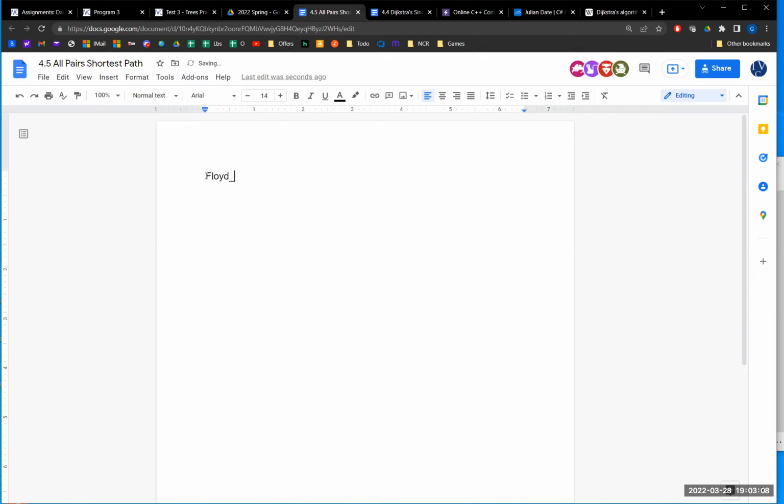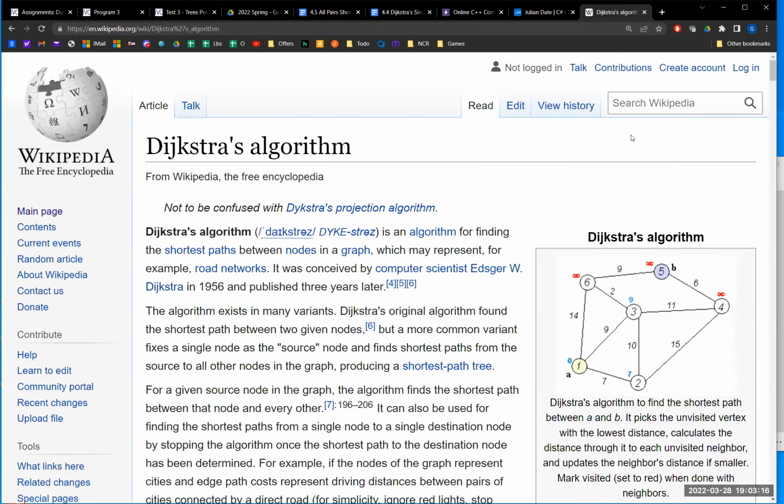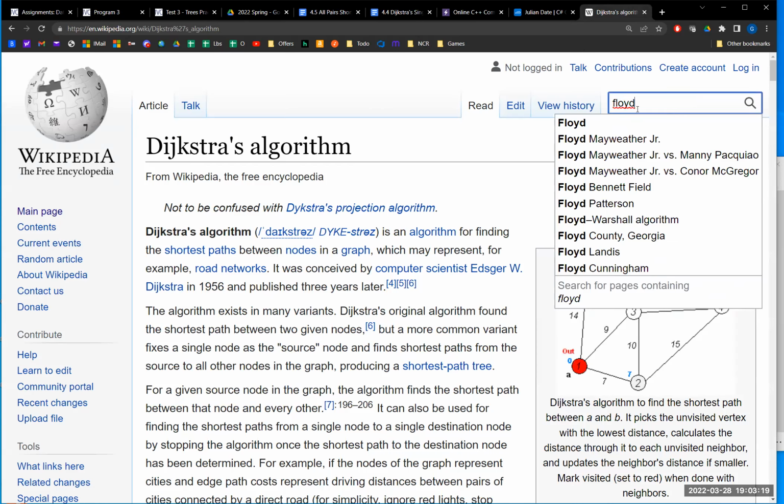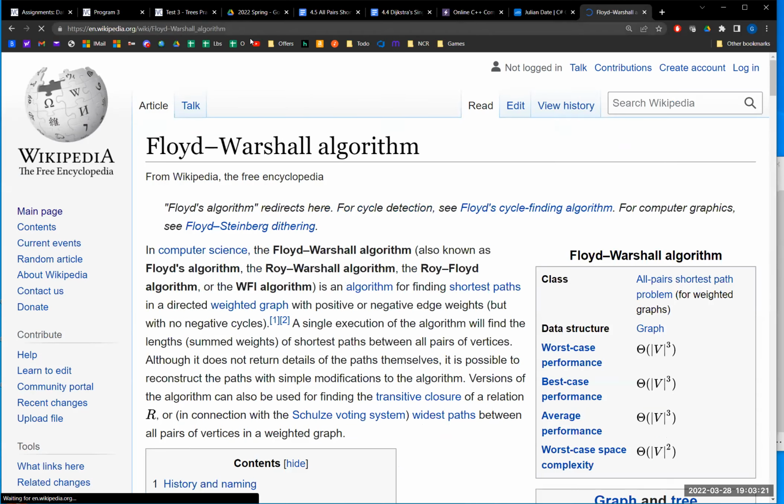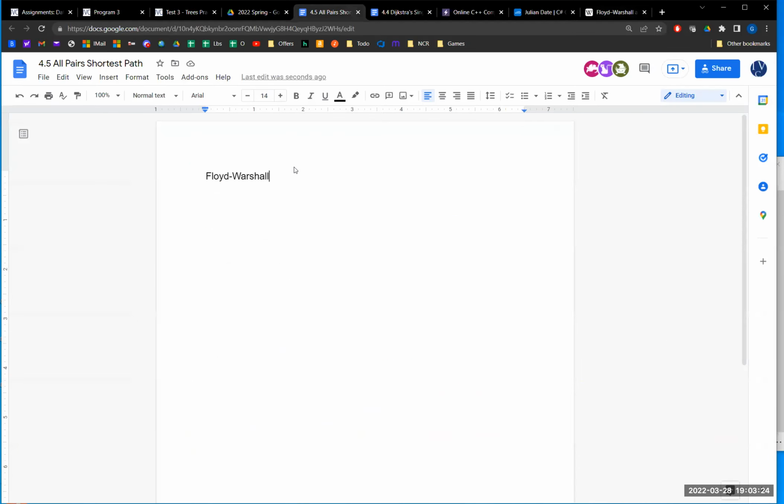Floyd Warshall. All right, so this algorithm will find the cost to get from any vertex to any other vertex.